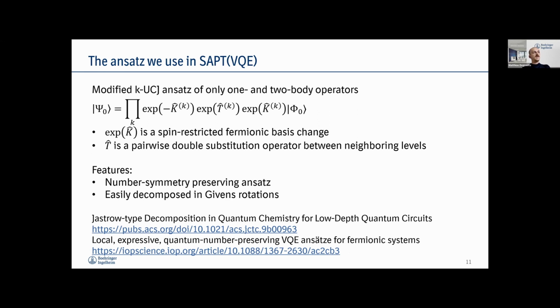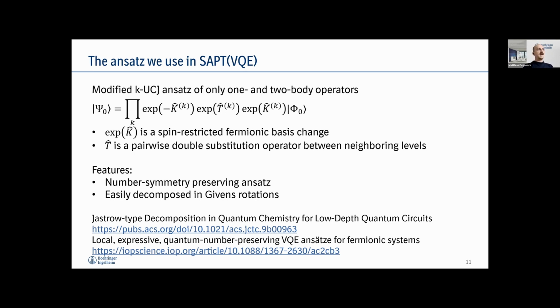Between each of the k layers there is a fermionic rotation. It means that you change fermionic bases, basically. And by changing fermionic bases between each layer, you give the excitation operator more power, and you get a more expressive ansatz.